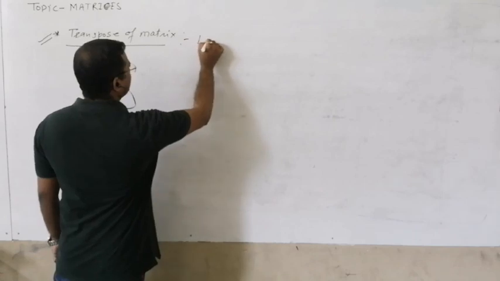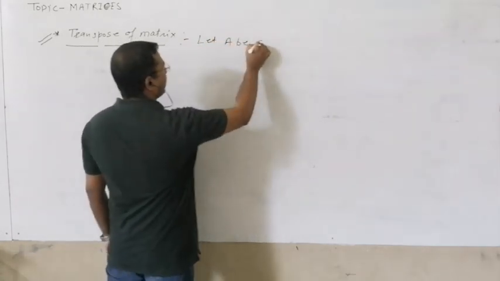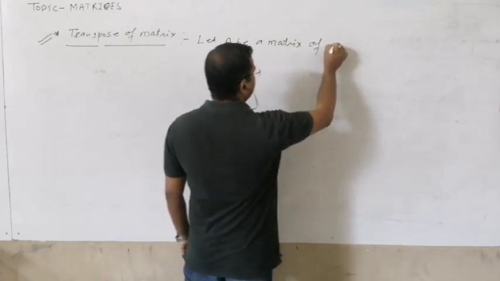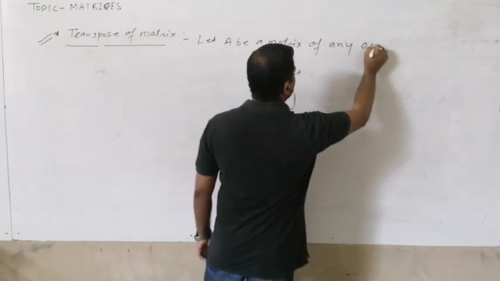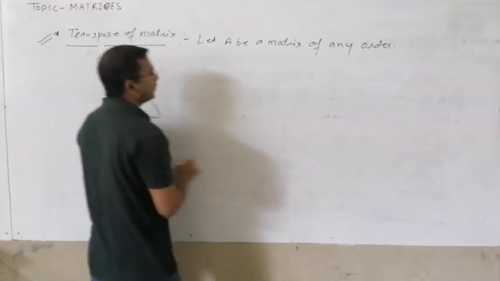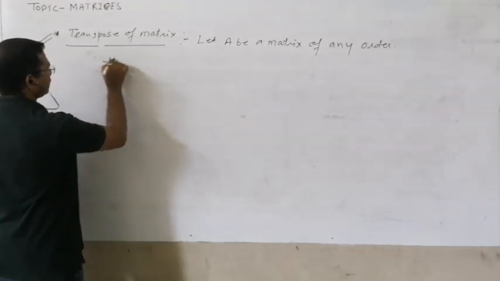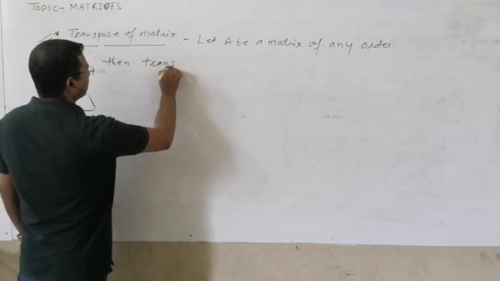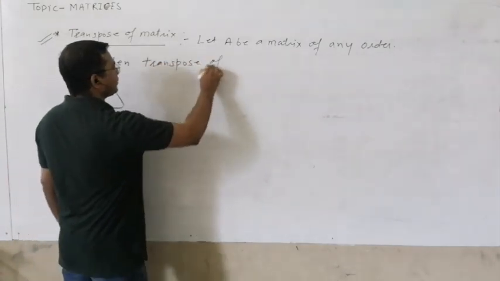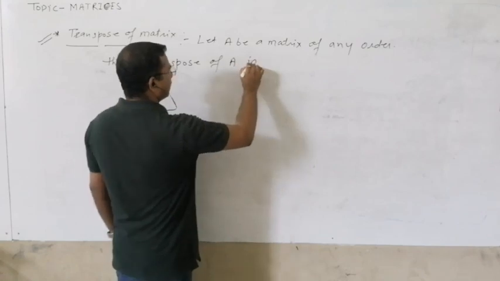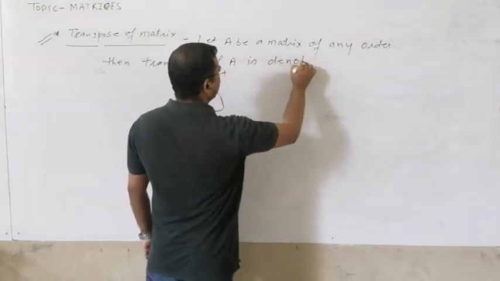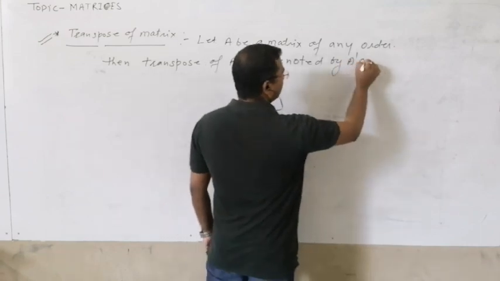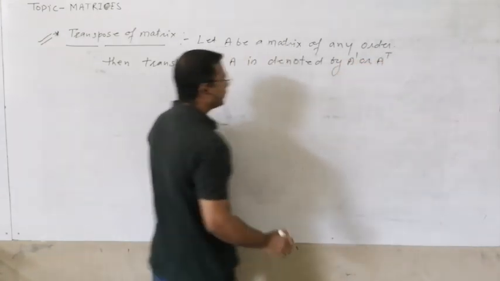Let A be a matrix of any order, then transpose of A is denoted by A dash or A transpose.